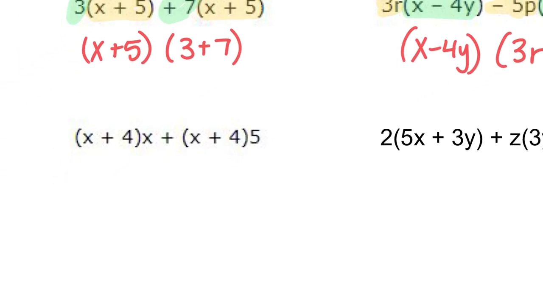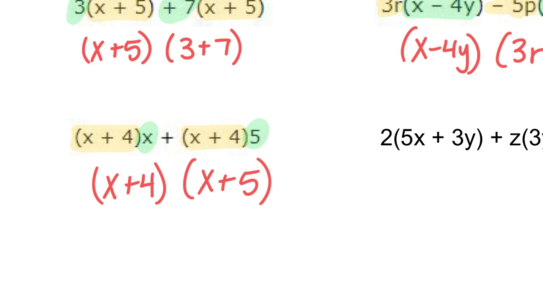All right, on to this one. So this one says x plus 4 times x, plus 4 times 5. But still, this x plus 4 is treated as a common binomial factor. And it gets written down first, x plus 4. And then those leftover parts create the second factor, x plus 5.